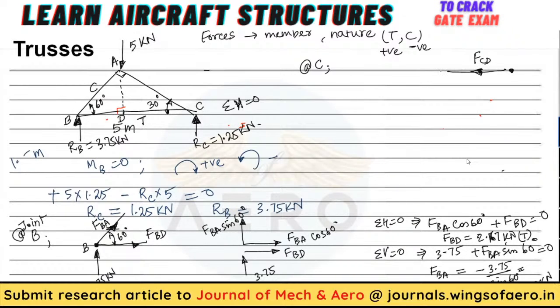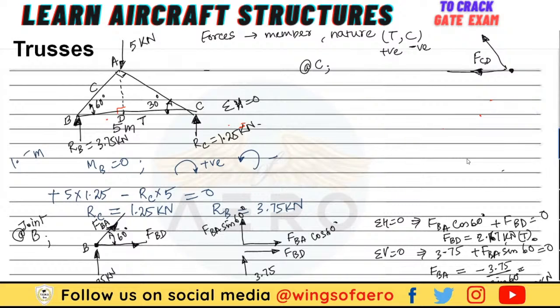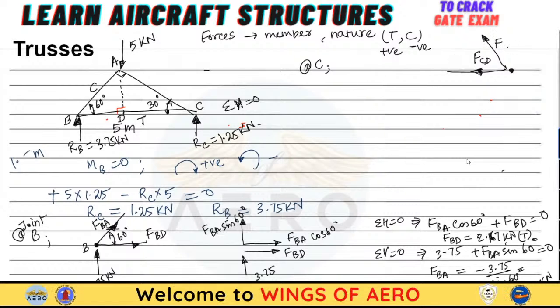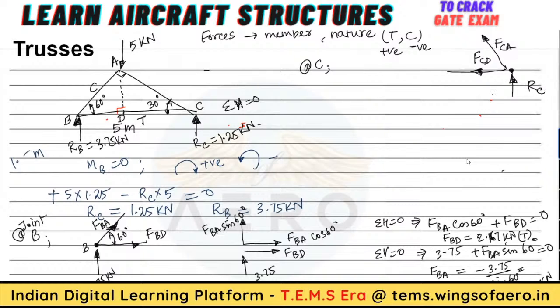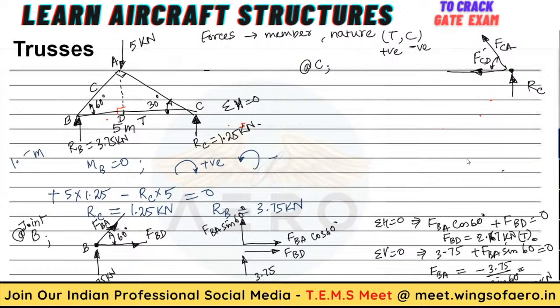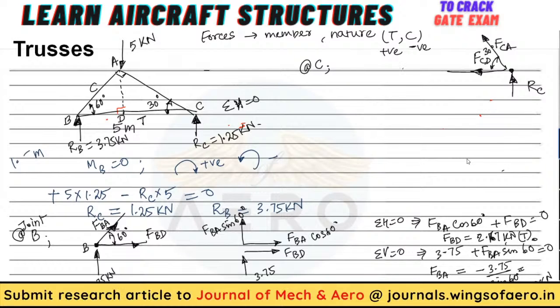So either of them is going to be the same. F of CA, this angle was 30. Now, if I want to resolve this, what will I get?